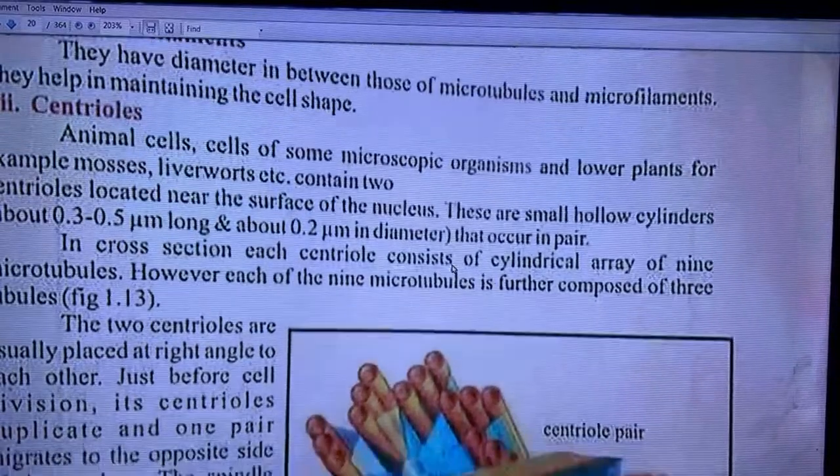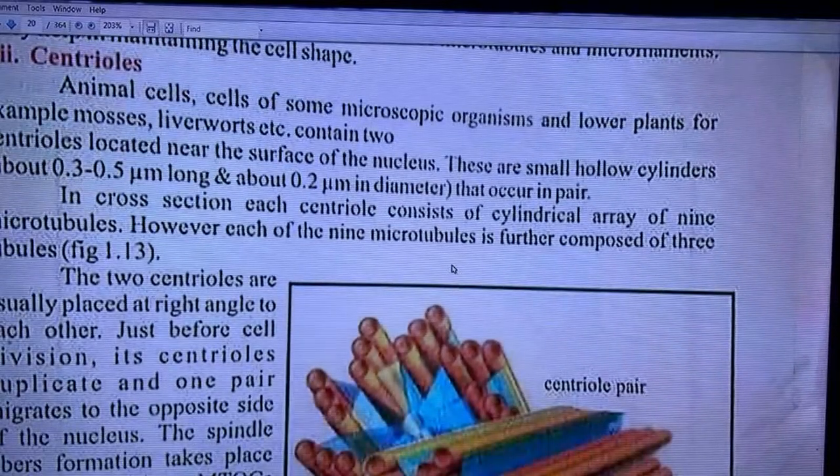Centrioles. Animal cells, some microscopic organisms and lower plants, for example mosses and liverworts, contain two centrioles located near the surface of the nucleus. These are small hollow cylinders about 0.3 to 0.5 micrometer long and about 0.2 micrometer in diameter. They occur in pairs.